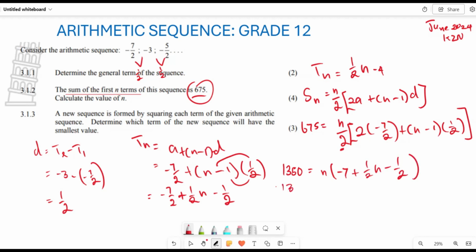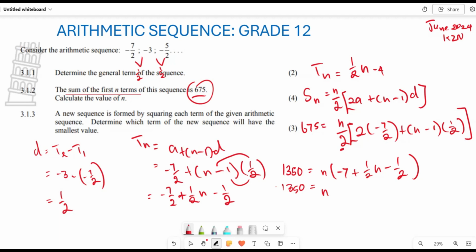So basically now that's what you are going to have. 1350 equals n, and now from here, what is it that you are going to have in this particular bracket? This is going to be the same as negative 7 minus 1 over 2.